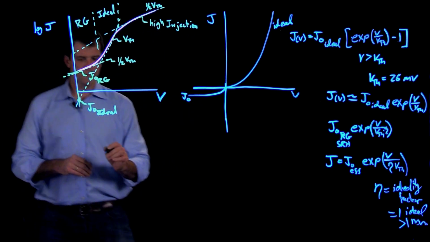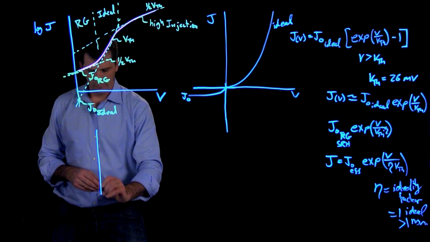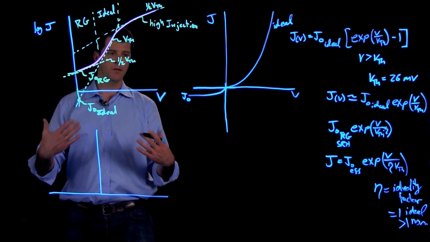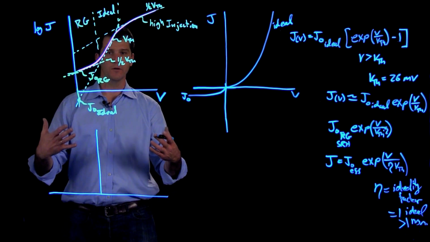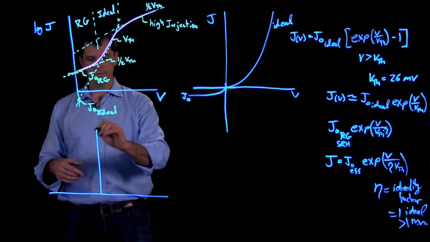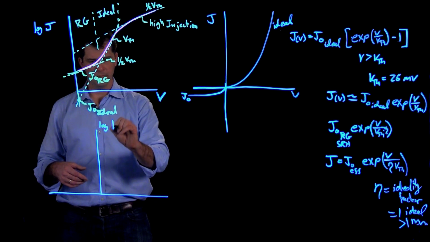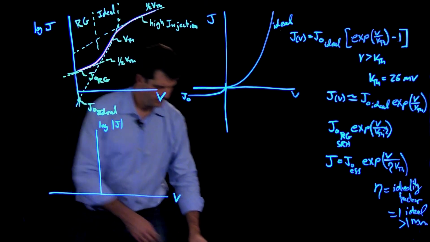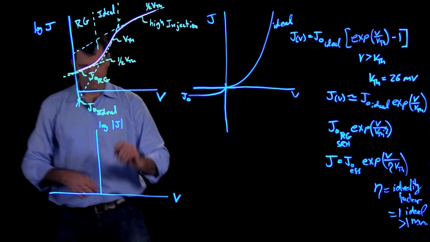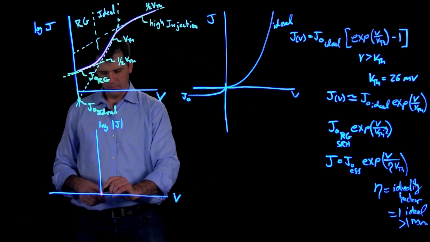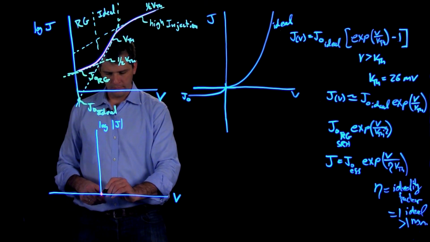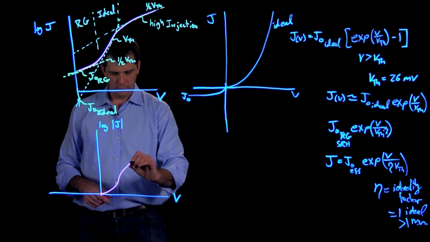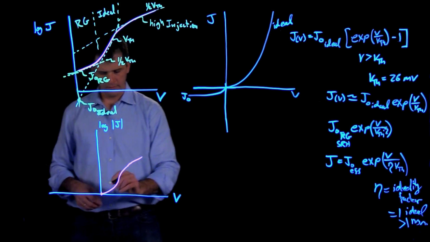Let's look at what this all looks like on the logarithmic scale. So I'm going to redraw this. And because you can't take a logarithm of a negative number, what we're going to plot here is log of the absolute value of J as a function of V. So we can look at the above graph and see that we should get some regions that sort of look like this.